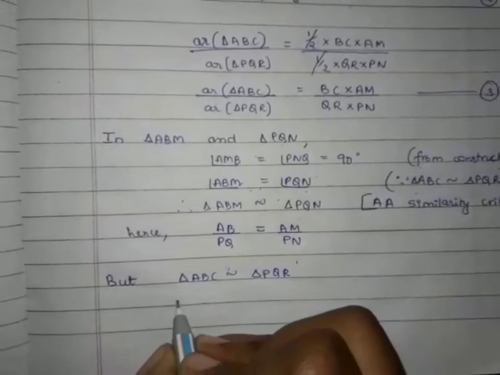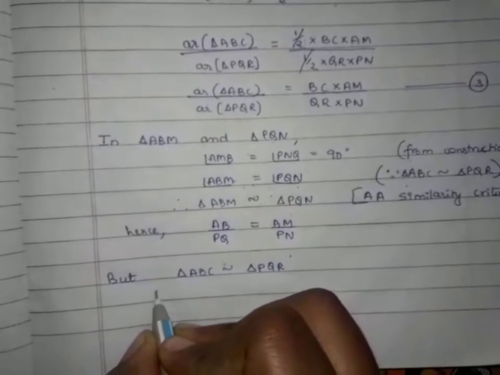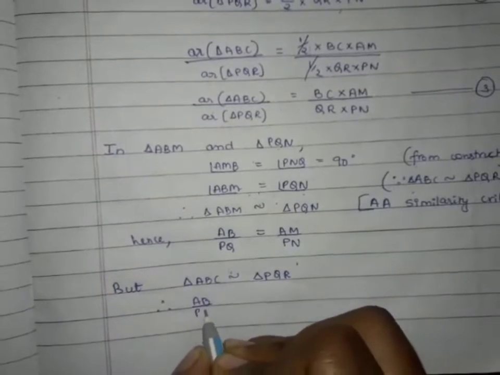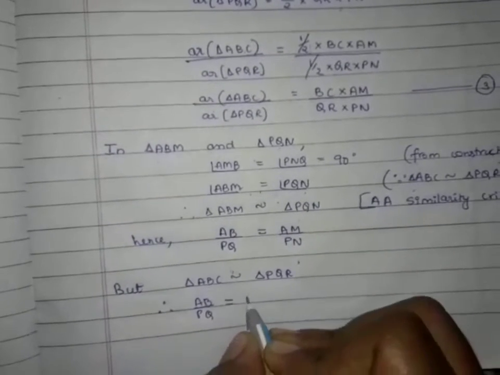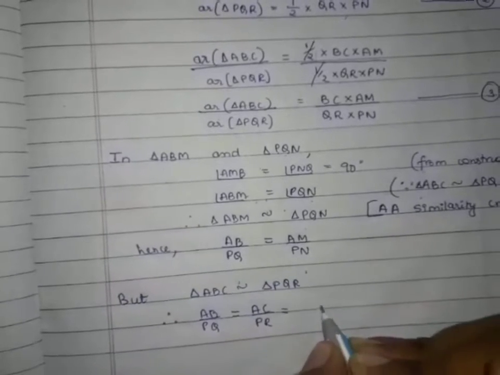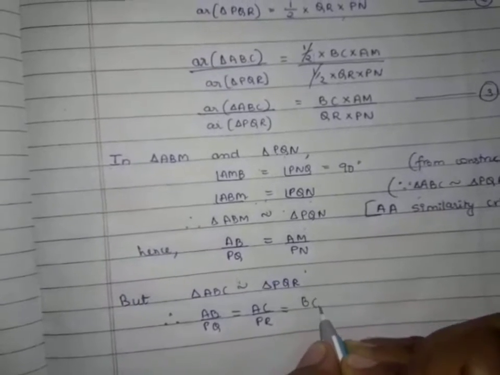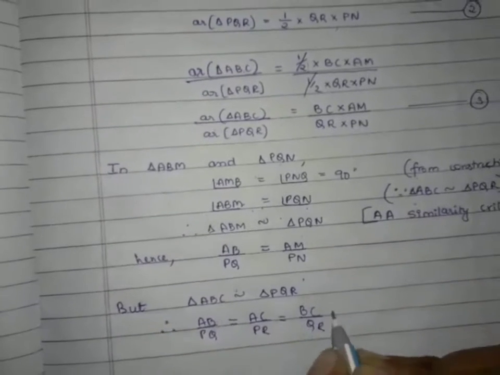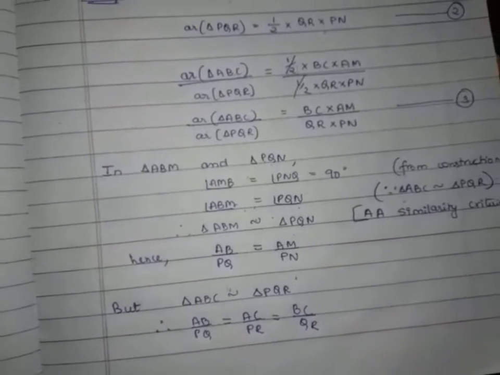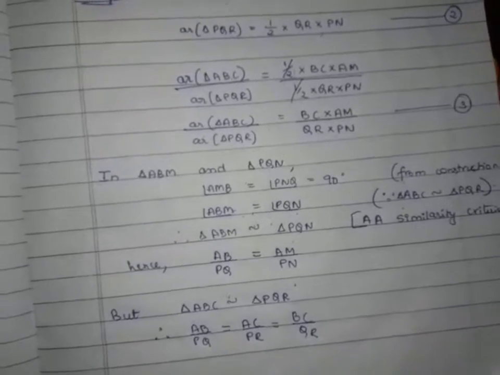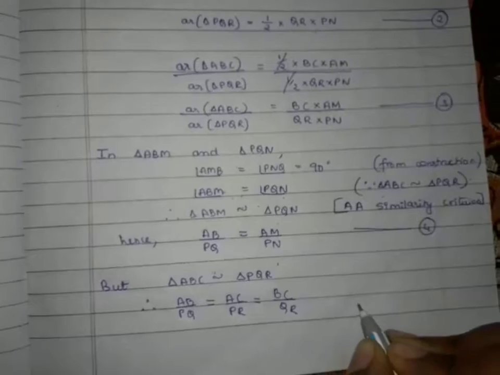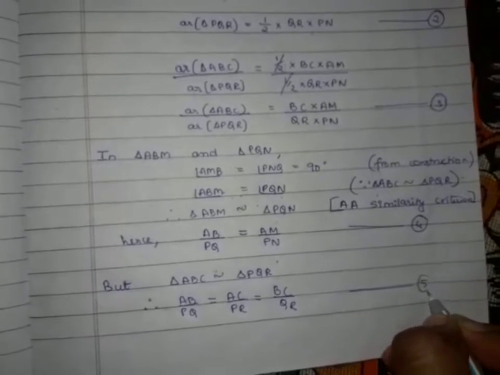So what will happen to their sides? Therefore, we can write their sides AB by PQ is equal to AC by PR, which is also equal to BC by QR. So the ratios of the sides of two similar triangles are equal. So let us consider this as equation 4 and this as equation 5.